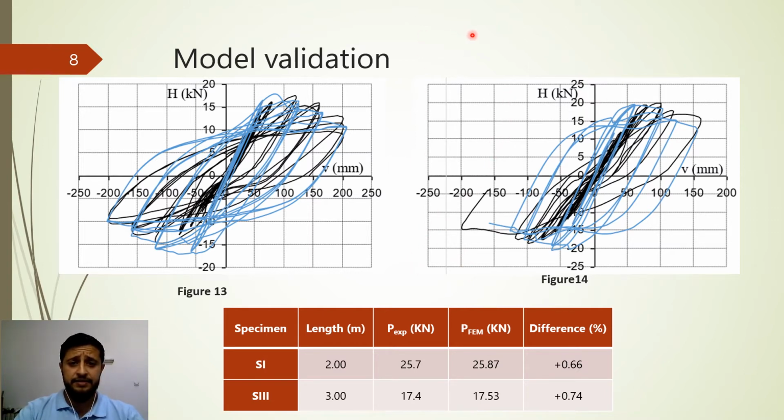The difference between the experimental and numerical values is 0.66% and 0.74%. It can be found that generally a good agreement is obtained between the numerical and test results. This confirms that the present numerical model can be used with confidence to simulate the behavior of fully encased composite columns under cyclic load.